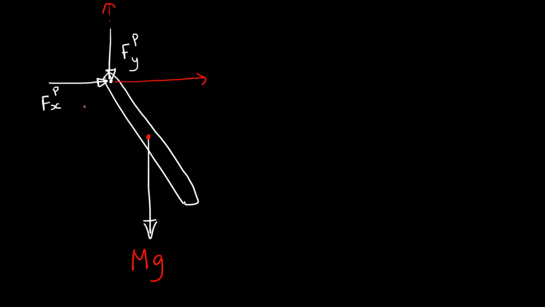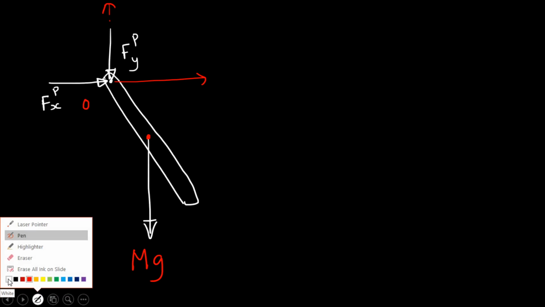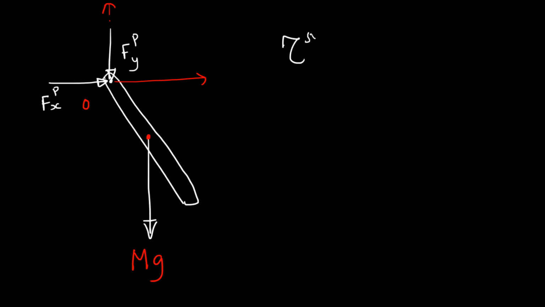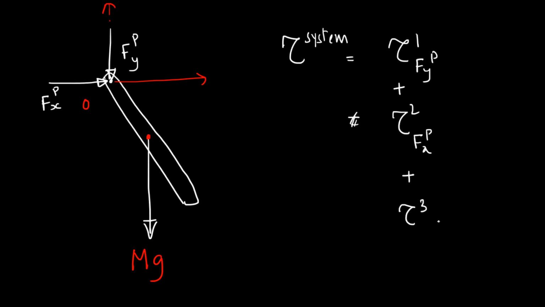Okay, so this is the origin, and therefore we can find the total torque on the system. The total torque on the system is equal to the torque due to Fy, plus the torque due to Fx, plus a third torque due to gravity, mg.